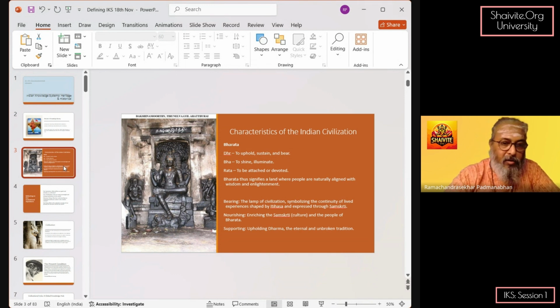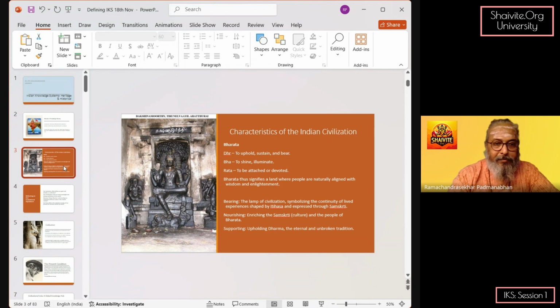It's a compounded word, a samasta pada in Sanskrit, which has two components: the root bha and rata, which once again comes from ram, ran, rati. Bha means to shine. That is why we have common terms such as prabha for light or bhaskar for sun. It is all related with bha, to shine.